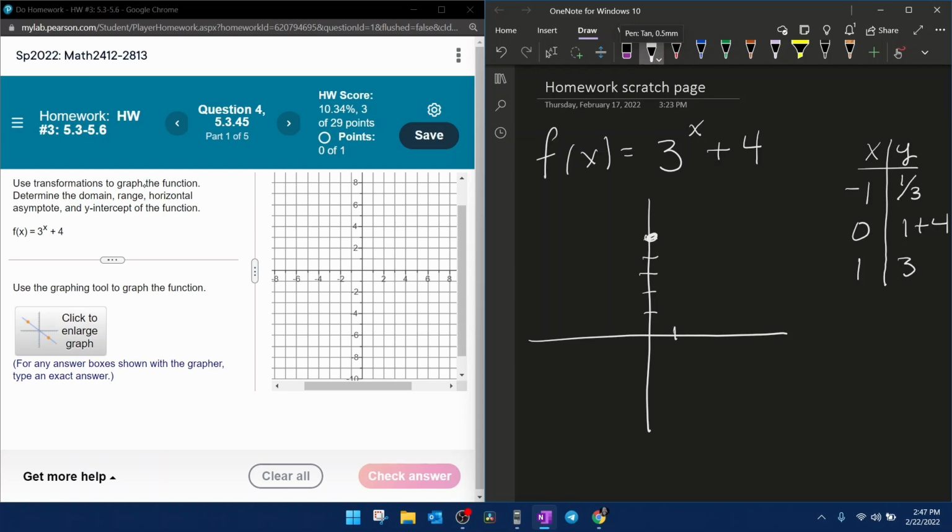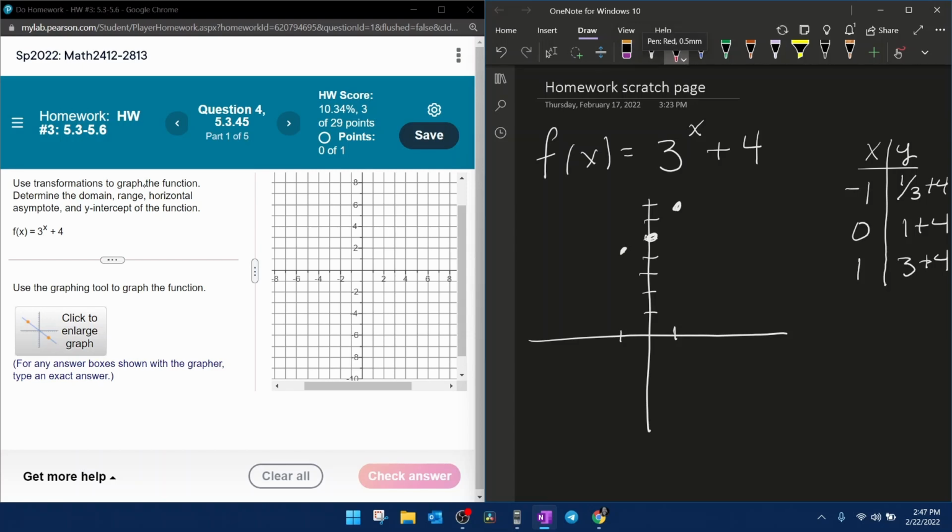When x is 1, we're going to be up at 7. So 5, 6, 7. And then plus 4 to 1/3 would be 4 1/3. So at -1, we're going to be up at 4 and then some, just a little bit above 4.